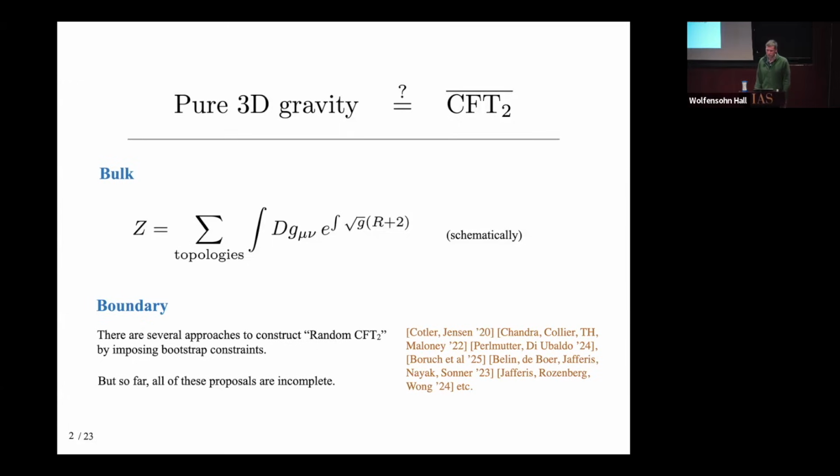There are several approaches to do this, where you construct random data that satisfies the bootstrap constraints, either directly from the bootstrap equations or from something like a tensor model or spectral analysis. There are many things that you can calculate this way, but so far, all of these proposals, I think, are incomplete.